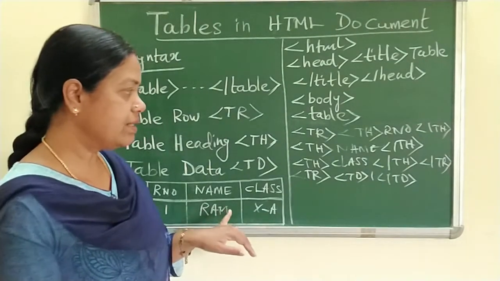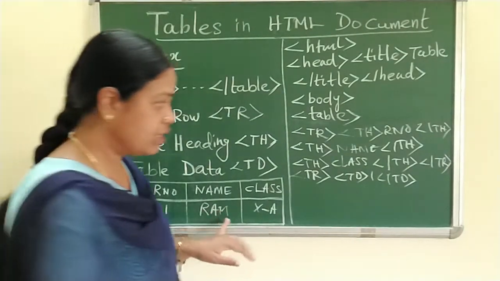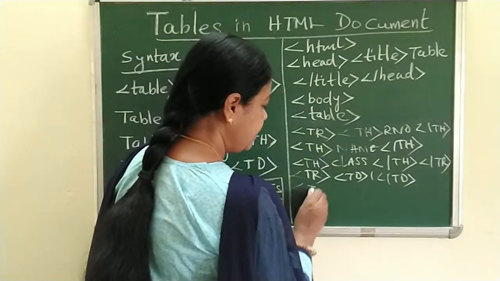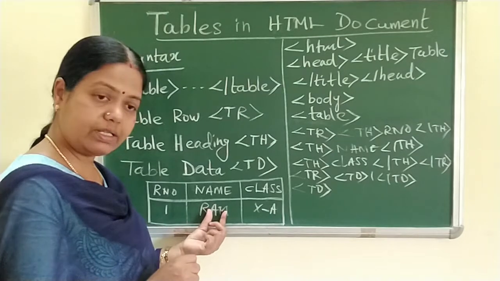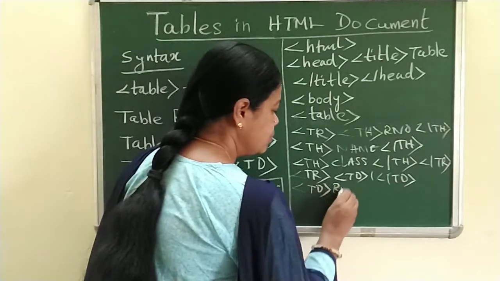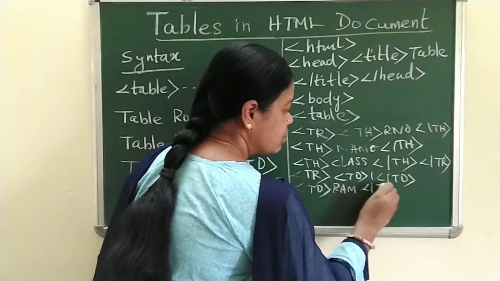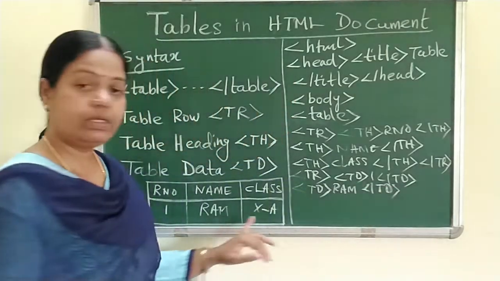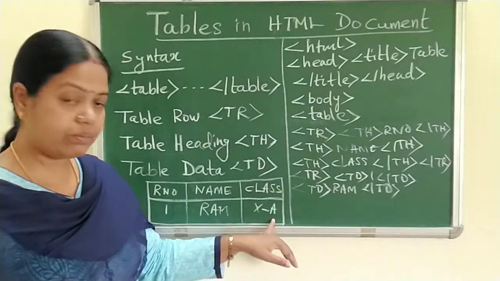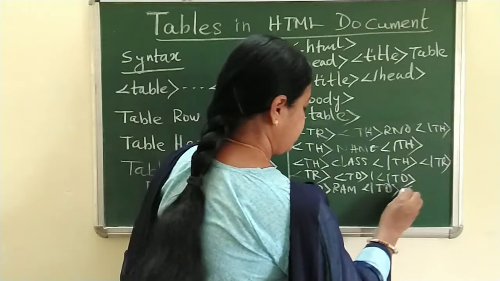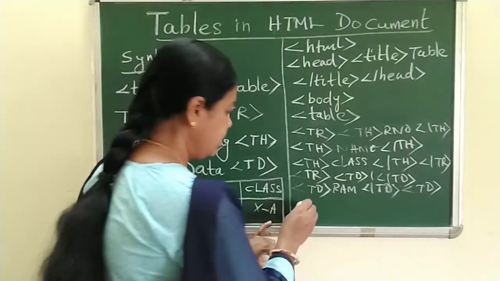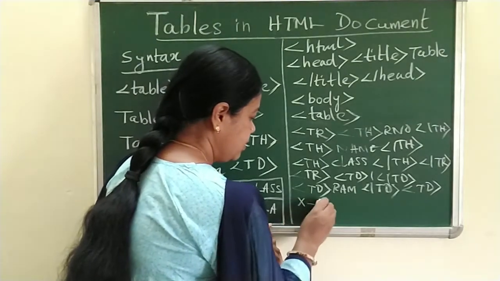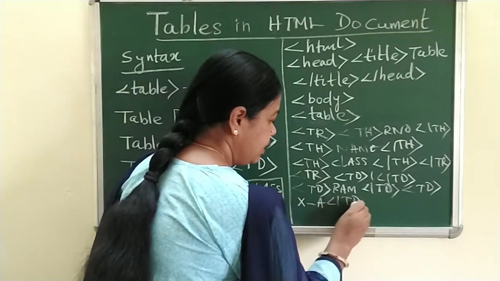Then start the second row, second column, table data. The value for the cell is name of the student, and close the table data. Then second row last column is class. Table data. Then write the value 10k and close the table data.